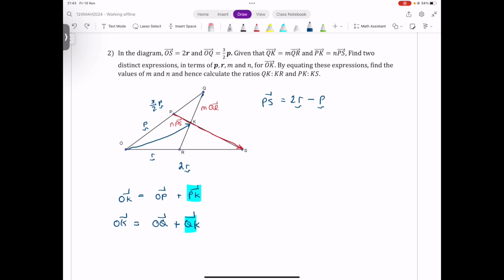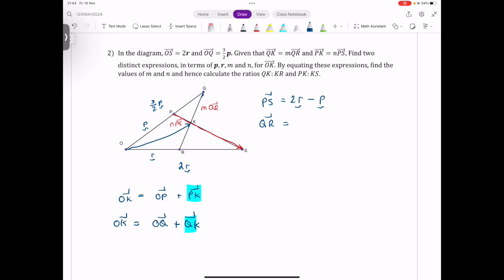Let's have an expression for QR. We know that QK, which is the thing I've highlighted in blue that we would like to find, is M times QR. So let's find QR and see what that gets us.